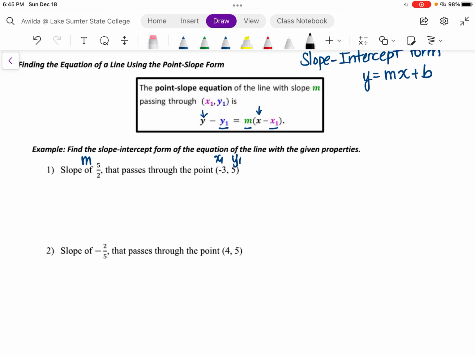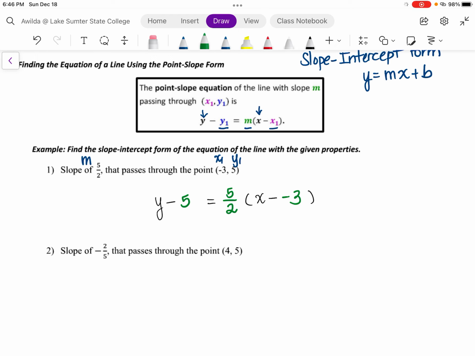So if we write out the point-slope form without substituting the known quantities, we have y minus, well, y sub 1 is 5, m is 5 halves, and then we have multiplied by x minus x sub 1, so that's a -3.